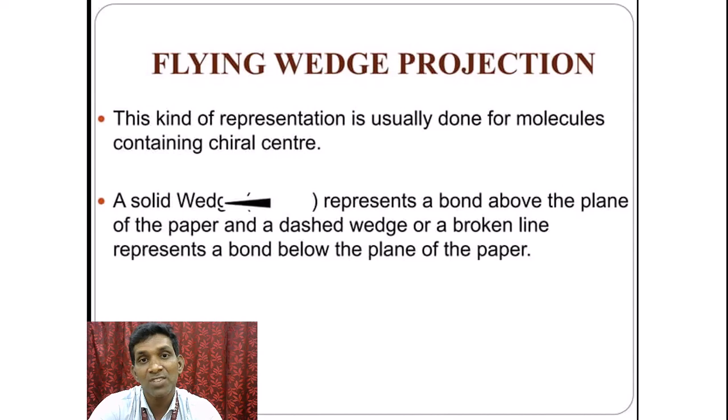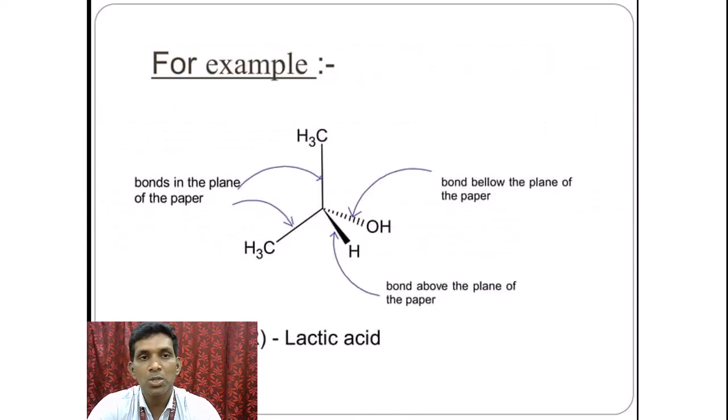This flying wedge projection is a projection of 2D structures into 3D structures. So I can draw the 2D compound in a 3D perspective. It is explained by this flying wedge projection. If you see this compound, the two bonds are normal bonds, for example CH3.